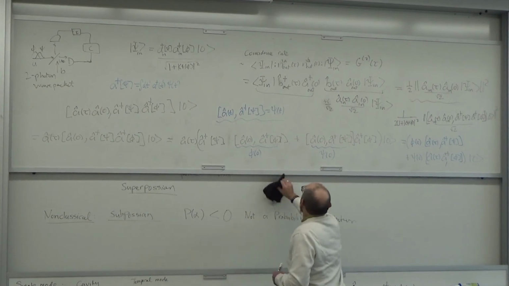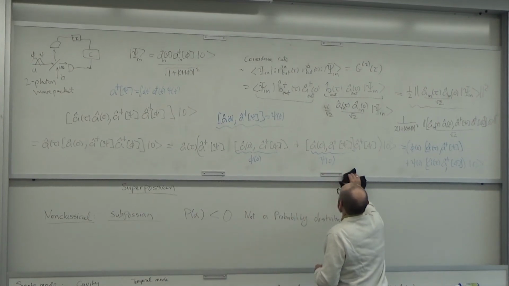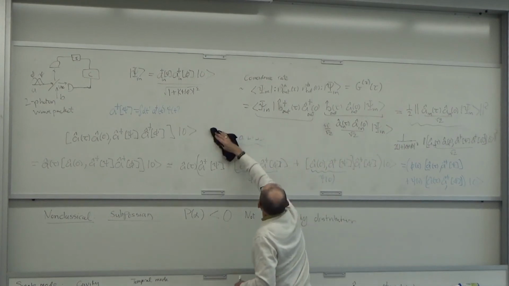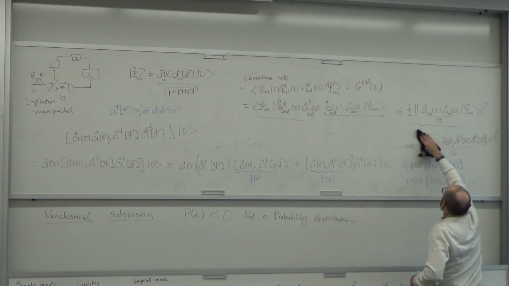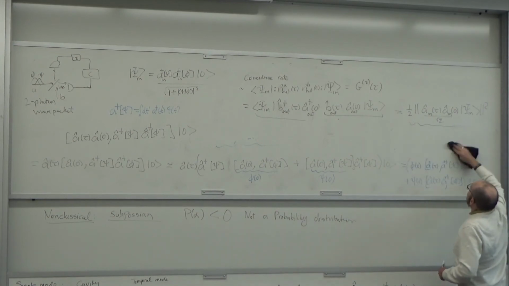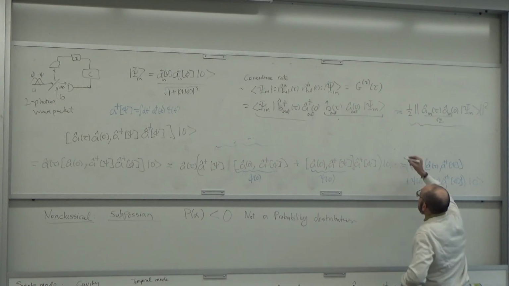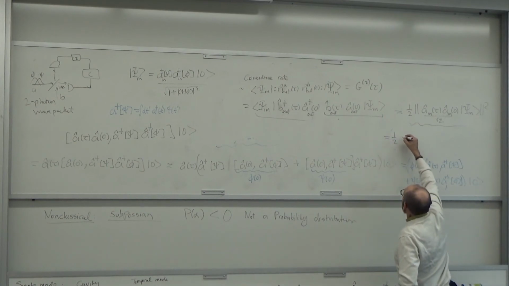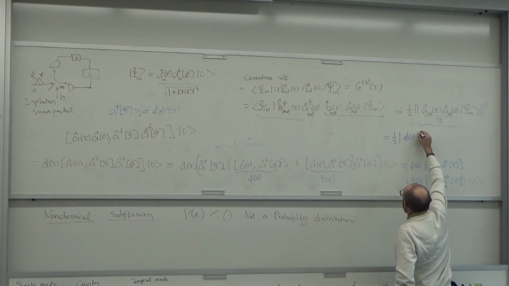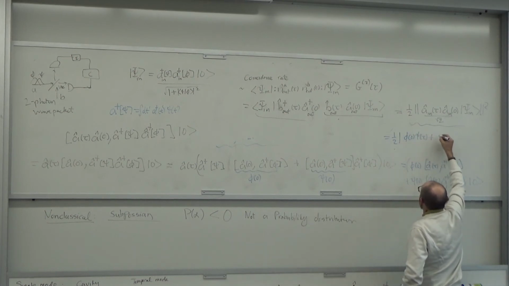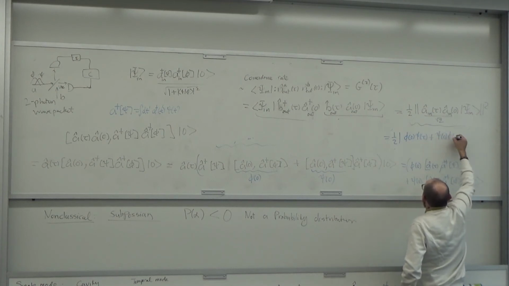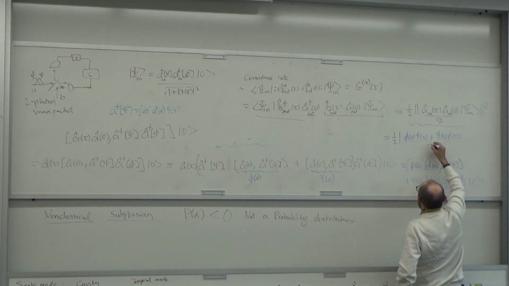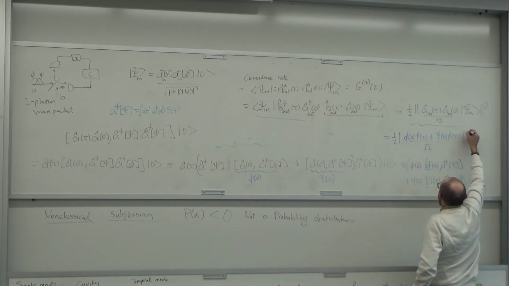So now, this whole thing is equal to a half of phi at 0 psi at tau plus psi at 0 phi of tau over root 2, squared.